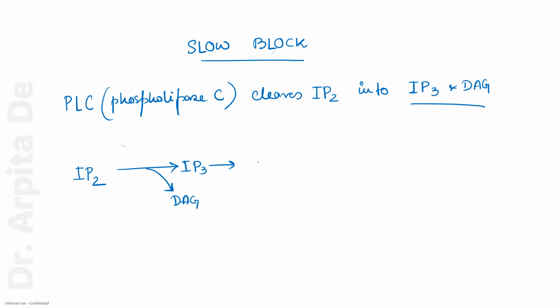This IP3 will act on the calcium channels on the endoplasmic reticulum of the egg. It will cause release of stored calcium from the ER.